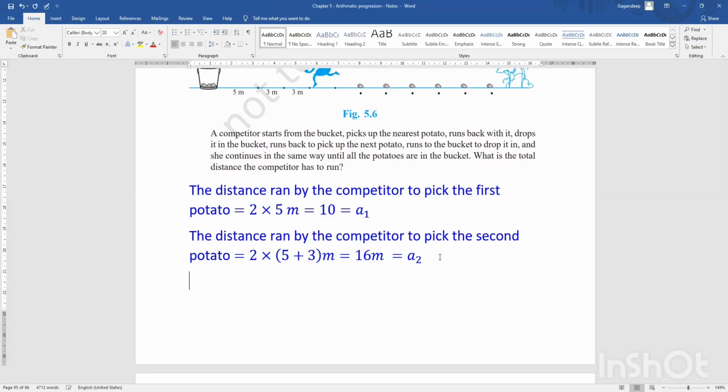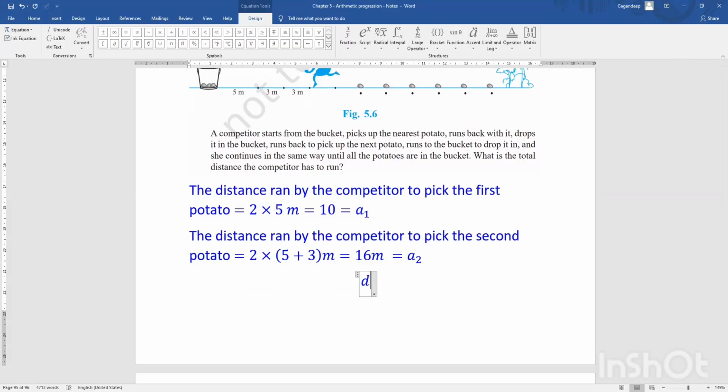Now the common difference d. So d will be equal to a2 minus a1, which is nothing but 16 minus 10, which will give you 6.